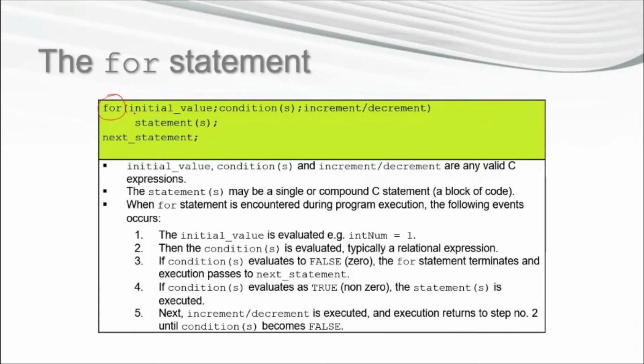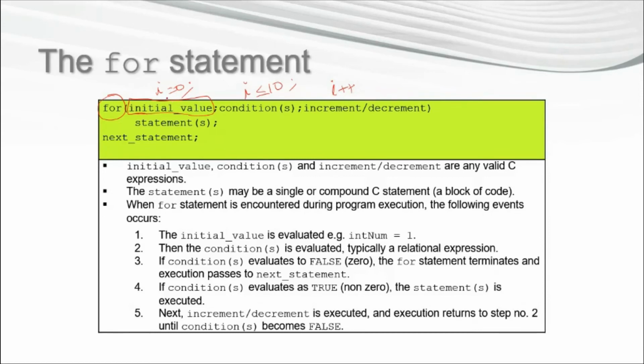Then the initial value of the variable for which the condition is to be checked, say i = 0. So i is initialized to 0. Then the condition, say i <= 10. Then the increment or decrement, i++. That is the increment.